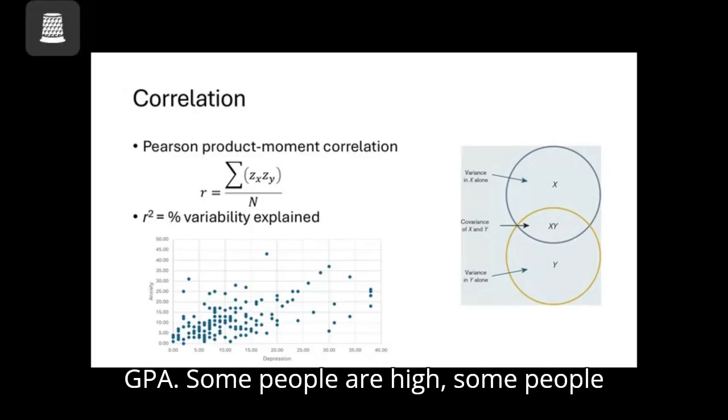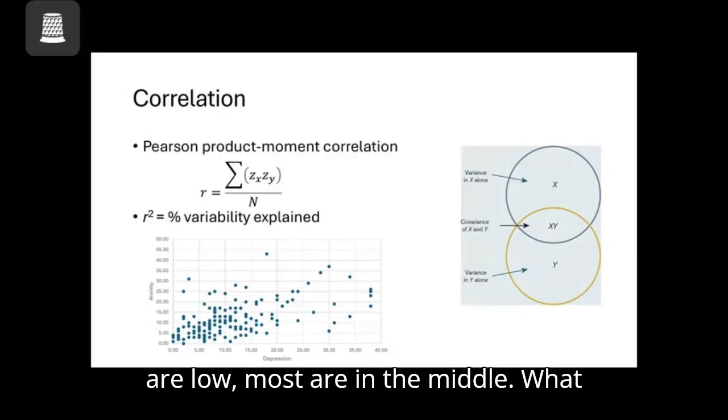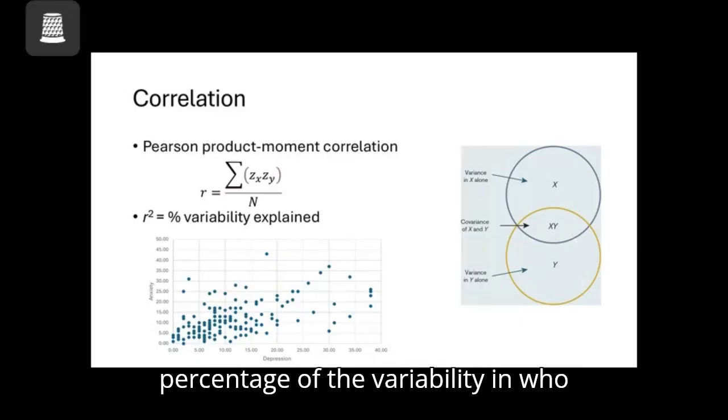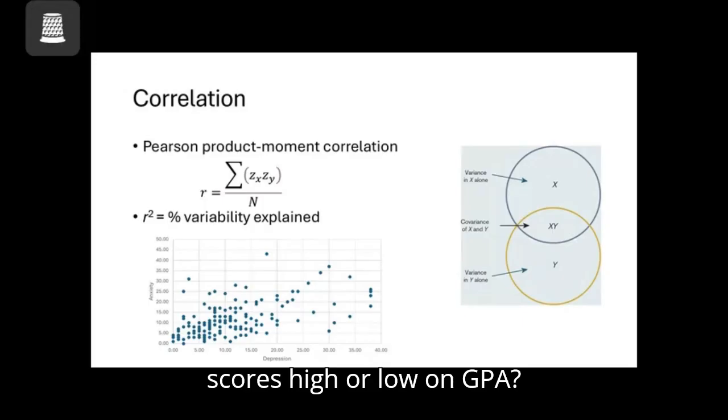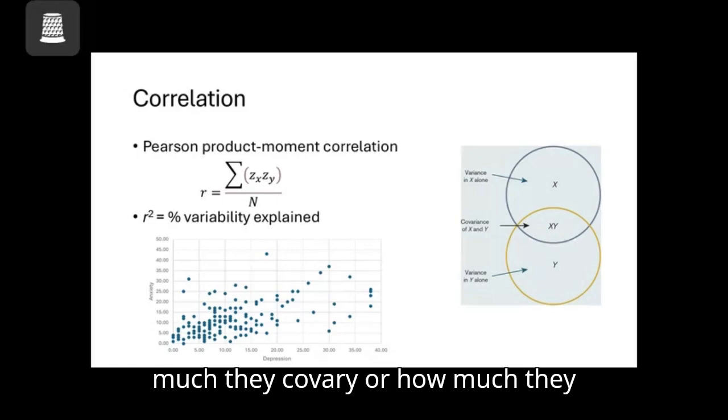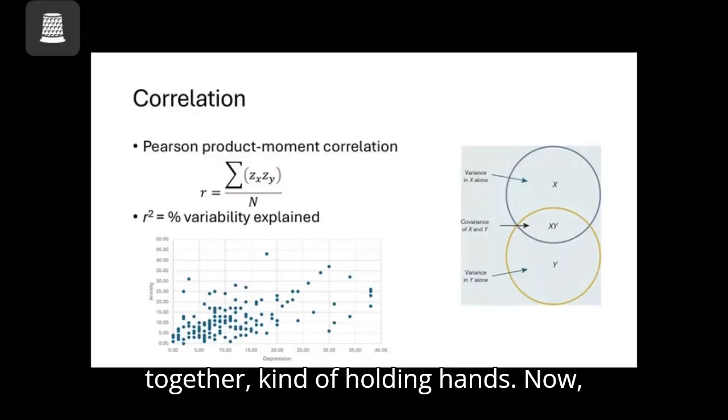Some people are high, some people are low, most are in the middle. What percentage of the variability in who scores high or low on the SAT is the same pattern as who scores high or low on GPA? That's known as covariance. It is how much they covary, how much they move around together, kind of holding hands.